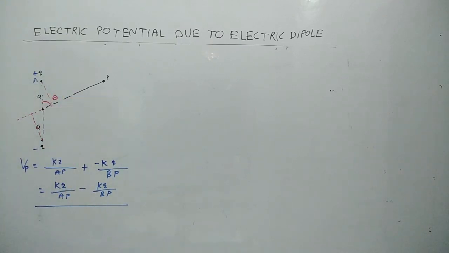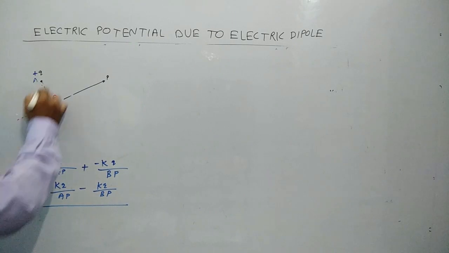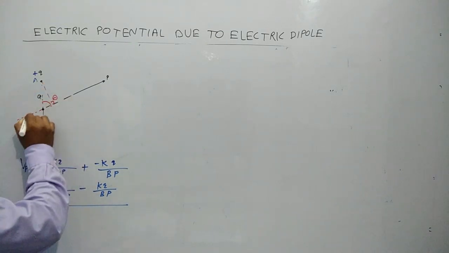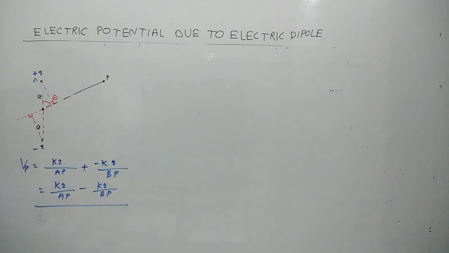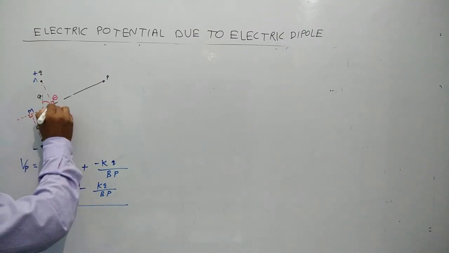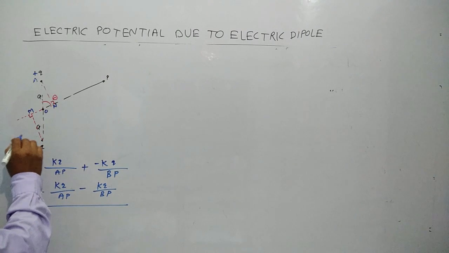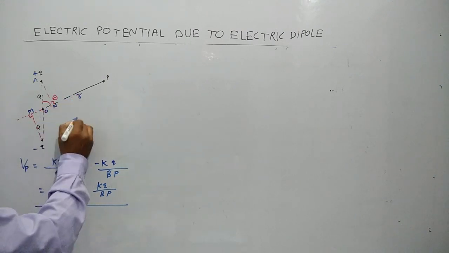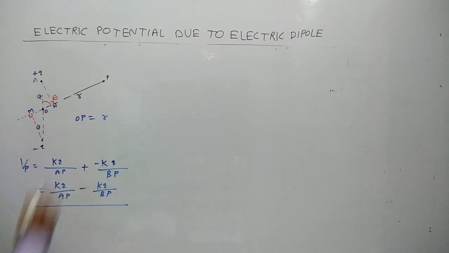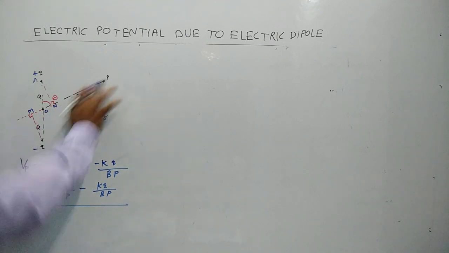Suppose the names are here M, here N, and this is O. Then the value of OP is equal to R. Clear? OP equal to R.